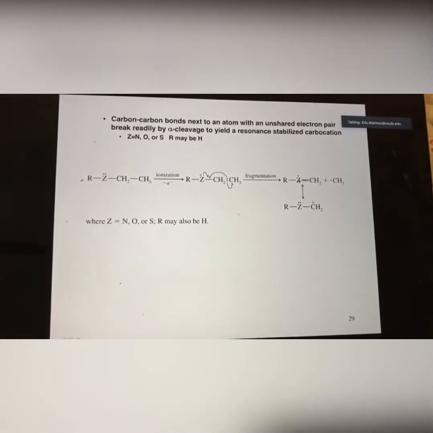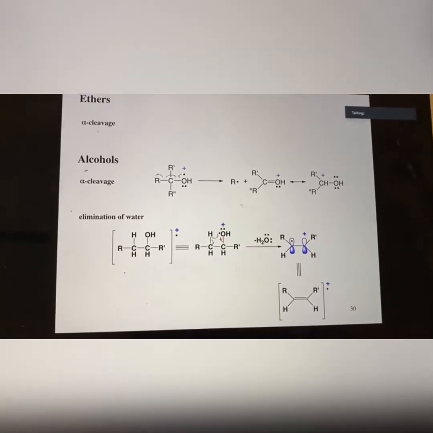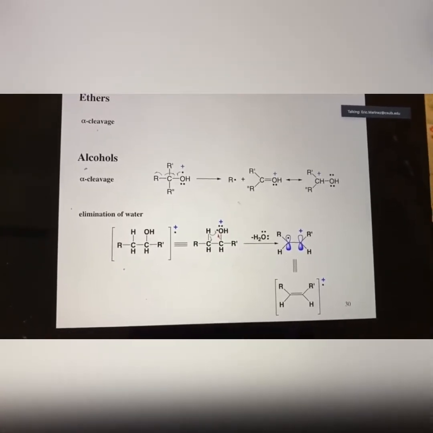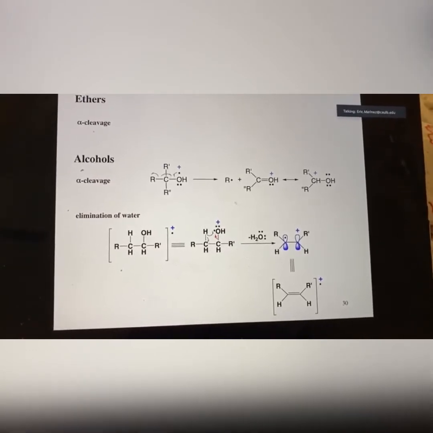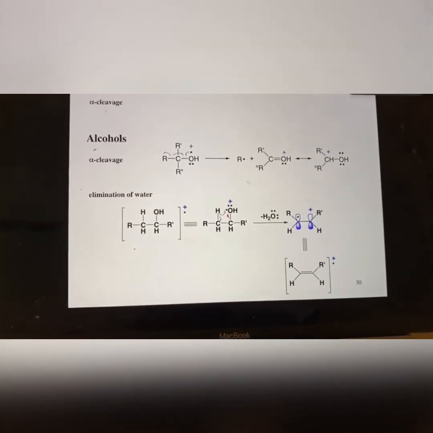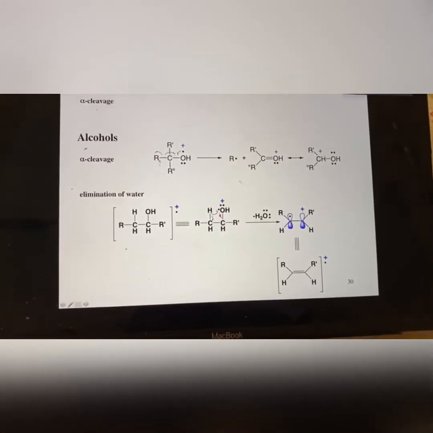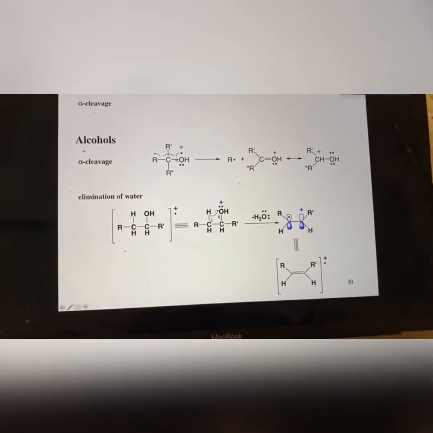Okay. So again, I'm going to show this a little bit. So ethers basically do what I just showed. I'm not going to go through it. It does an alpha cleavage. Here's the case for alcohols. Alcohols will do alpha cleavage. So here is a tertiary alcohol here. It could be primary, it could be secondary, it doesn't really matter.